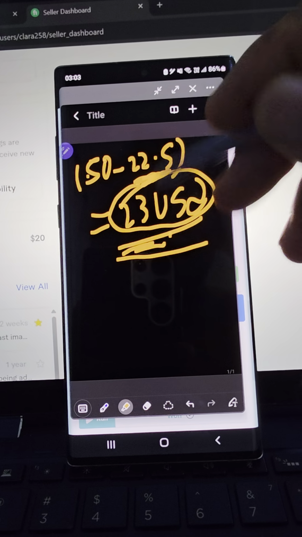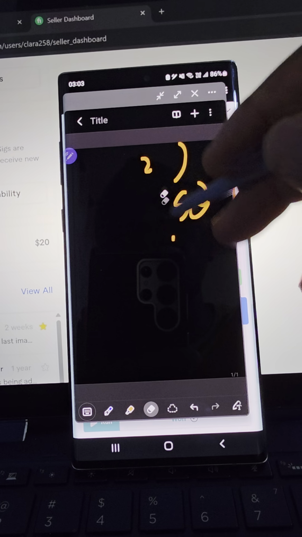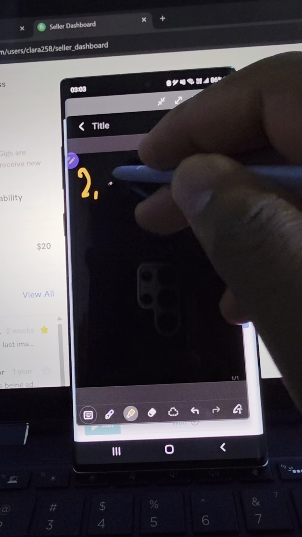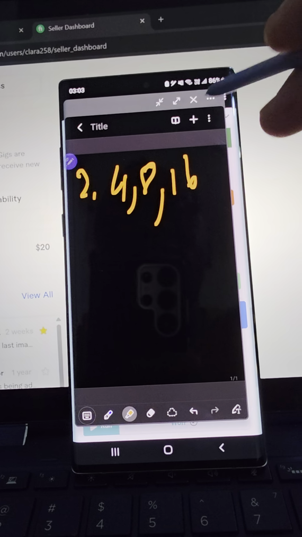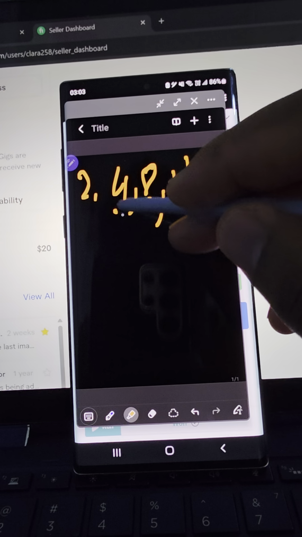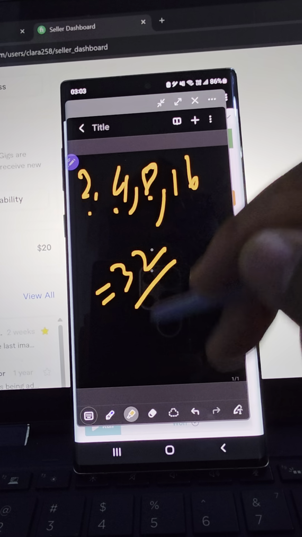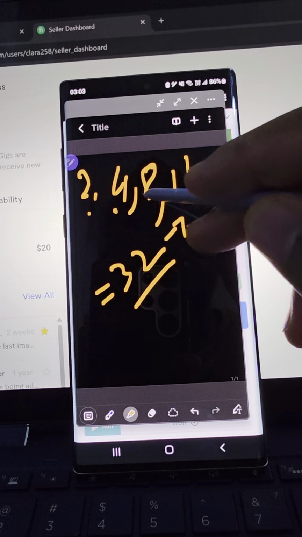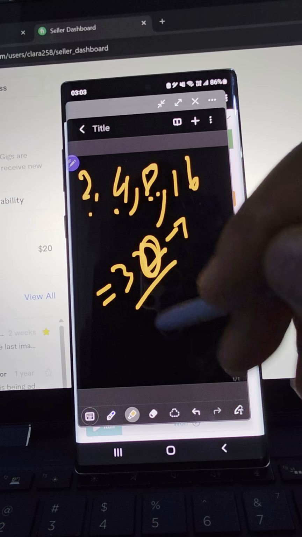Let's see if you stake $2, what will happen. You stake 2 USD, the second loss is 4, the other one is 8, the other one is 16. How much is this? 2 plus 4 is 6, plus 8 is 14, plus 16, you lose around 30 USD.